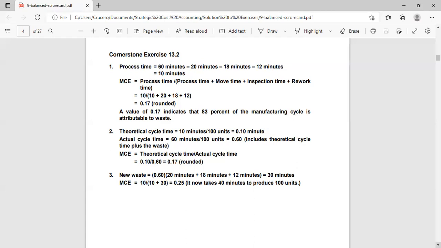So only 17% is the MCE. Then for requirement number 2, what is the theoretical cycle time? Calculate the MCE using the actual and theoretical cycle time.